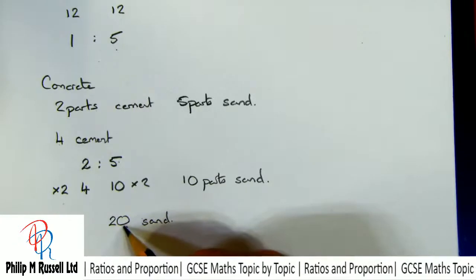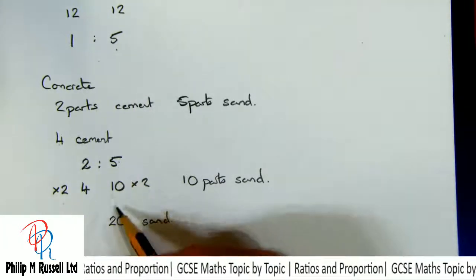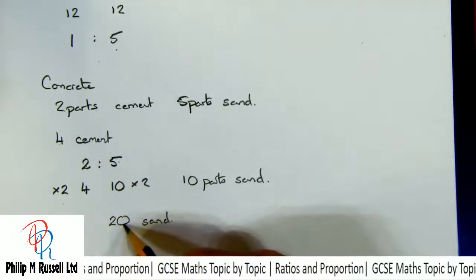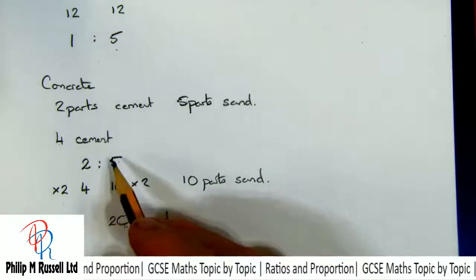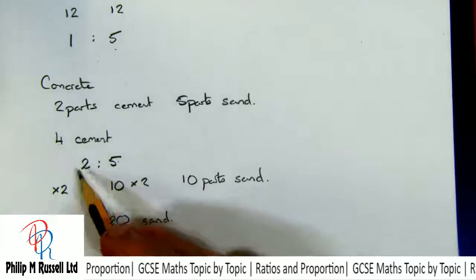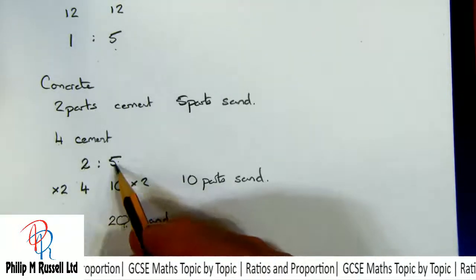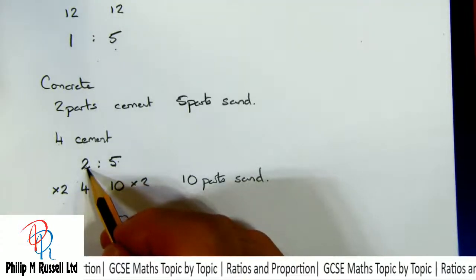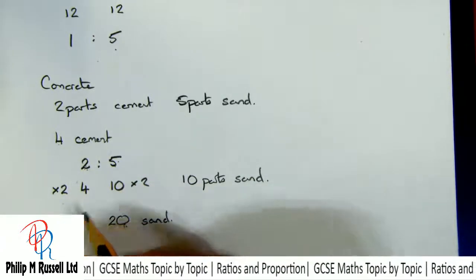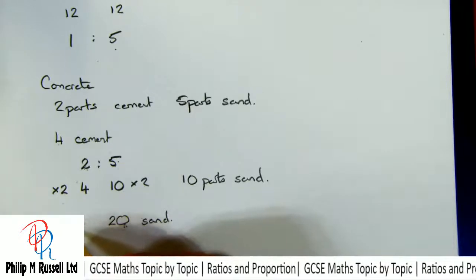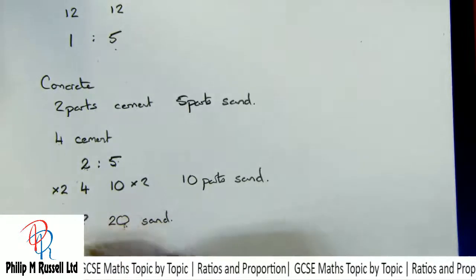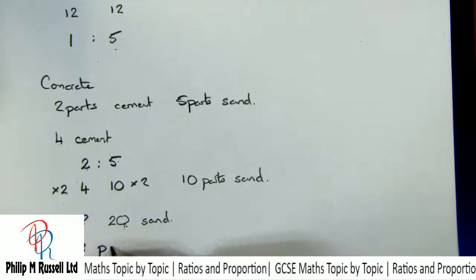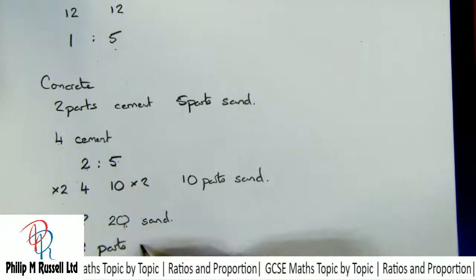So to get from my 20 down to my 5, I would actually divide by 4. So if we want to work out what this is, I've multiplied my 5 by 4 to get 20. I'll multiply my 2 by 4 to get 8. So in this case we'd need 8 parts cement.